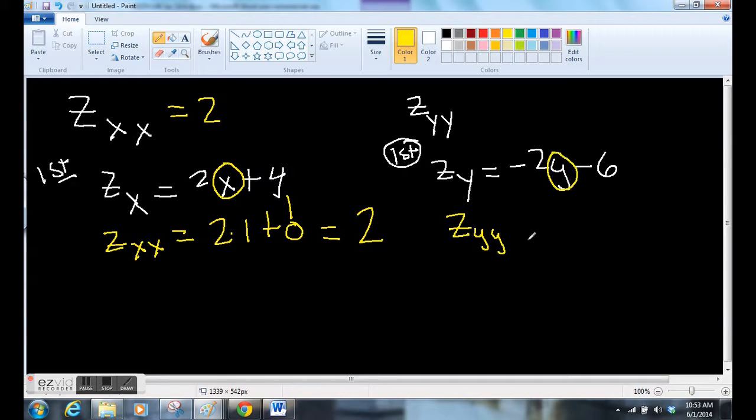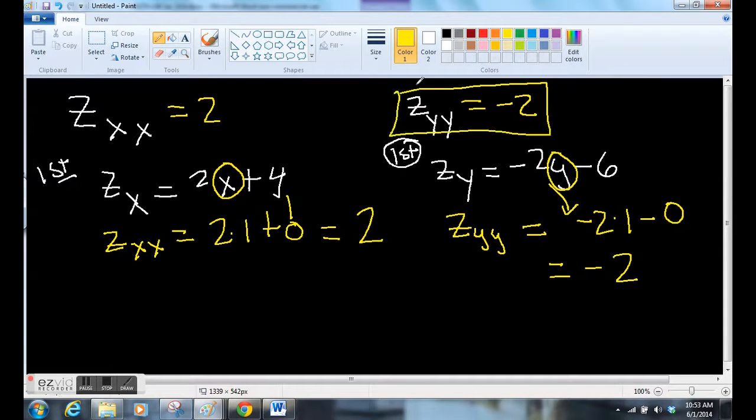The derivative of this piece is minus 2. That's the constant. Derivative of y is 1. 6 is a constant. That goes to 0. So this equals -2. So these pieces actually come together pretty quickly. So we have zyy, second derivative in terms of y equals -2. Second derivative in terms of x equals 2.